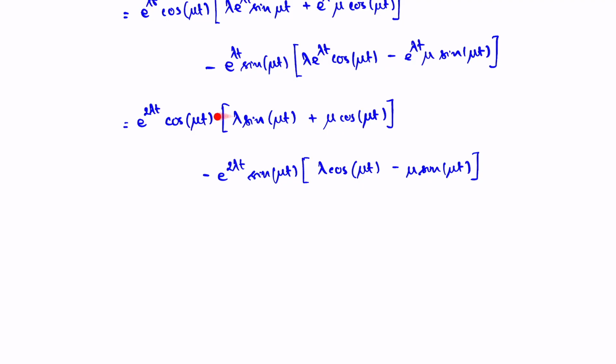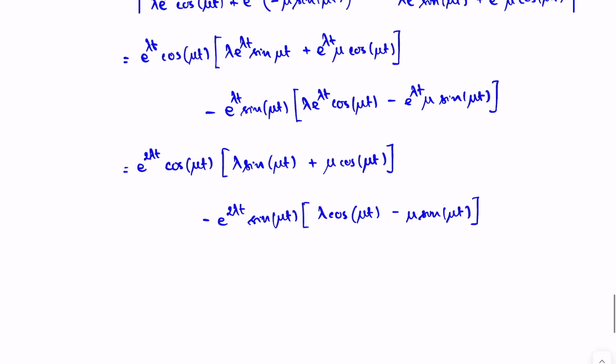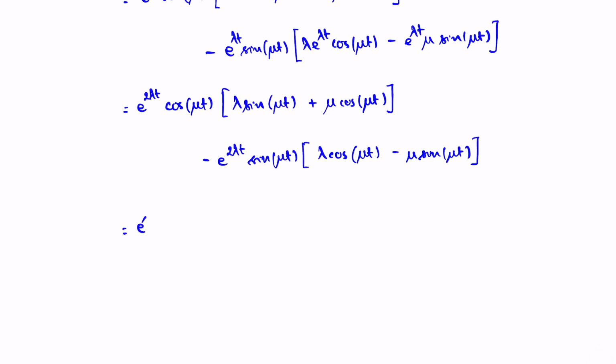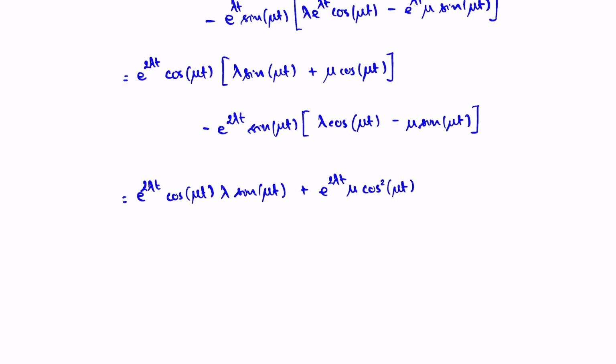Okay, so the first distribution here is that you have e to the 2 lambda t times cosine of mu t times lambda times psi of mu t plus e to the 2 lambda t times mu times cosine square of mu t. Next, we're going to distribute this term into the bracket.